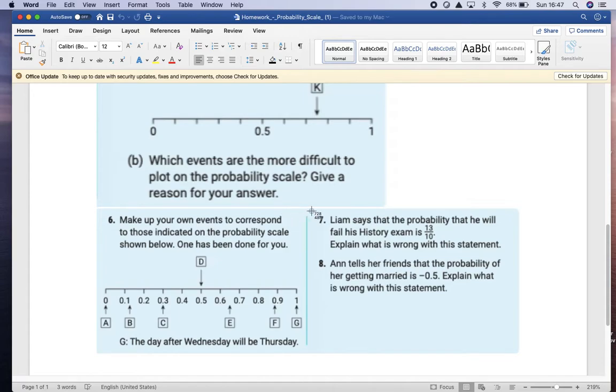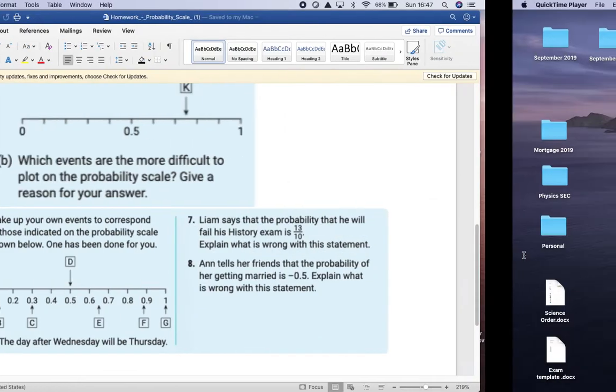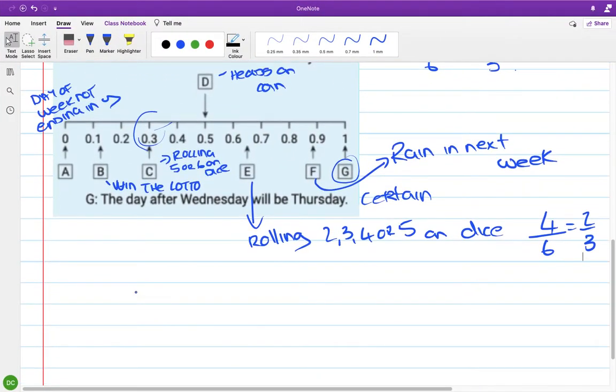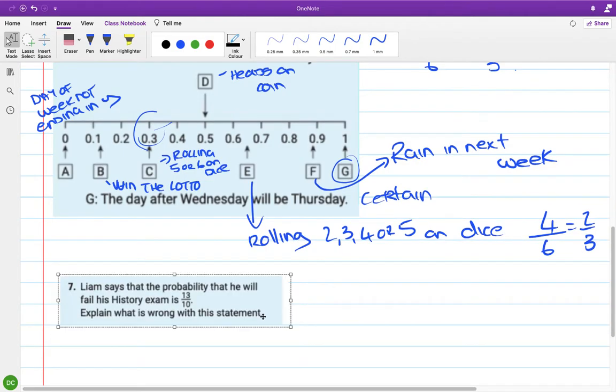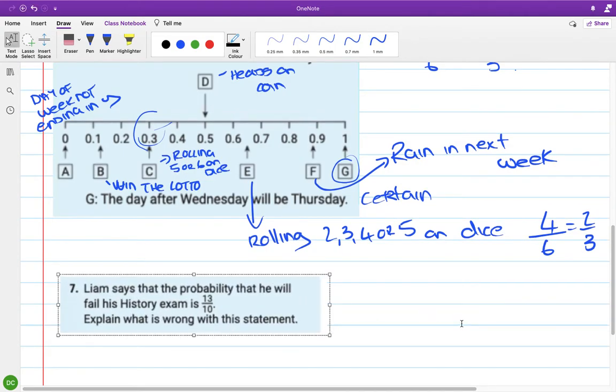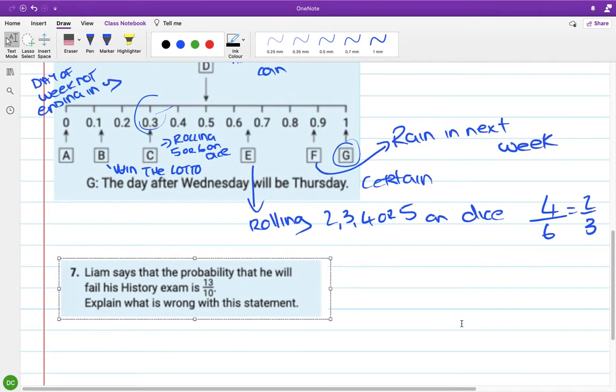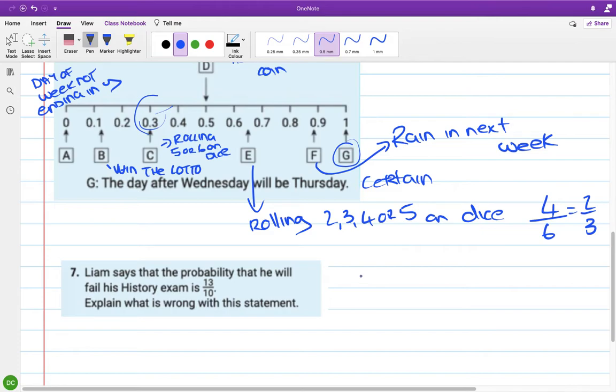So then question 7. Liam says that the probability that he will fail his history exam is 13/10. What is wrong with this statement? If you do 13/10 into your calculator and press SD, you get 1.3.